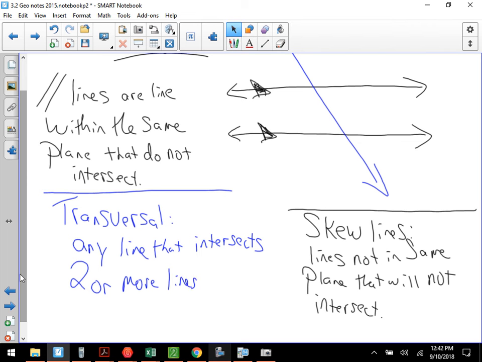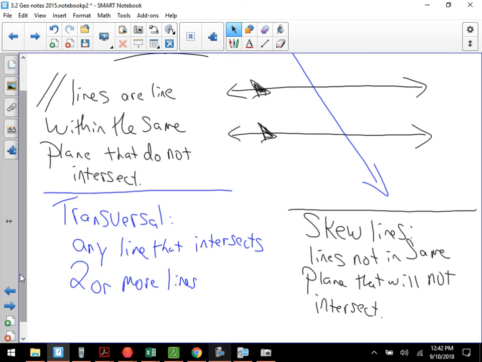For our sake, more often than not, when we're talking about a transversal, it's probably just going to hit two lines. It's going to look like that right there on the diagram. It's a very, very common, easy thing to work with. Right?